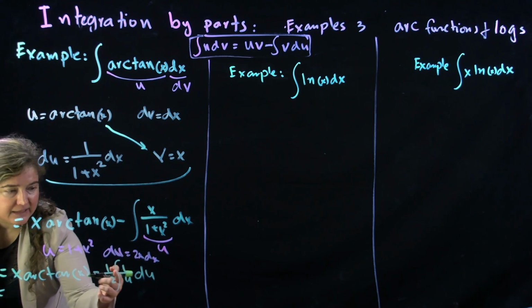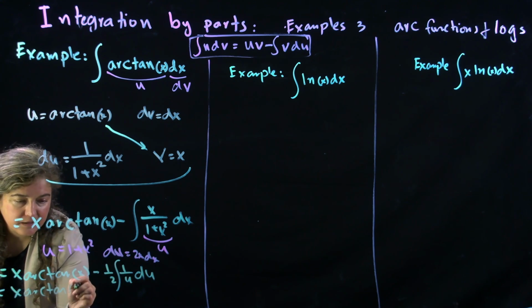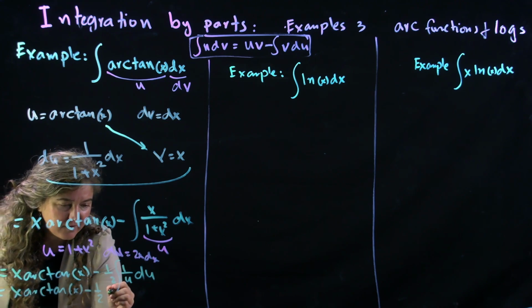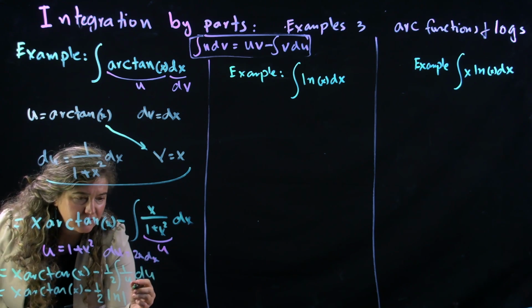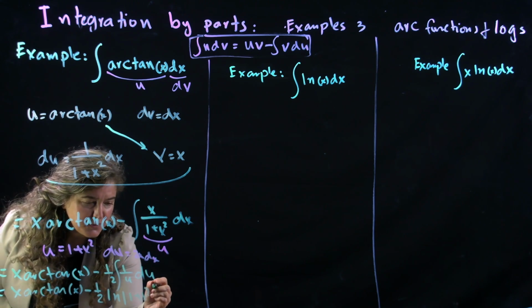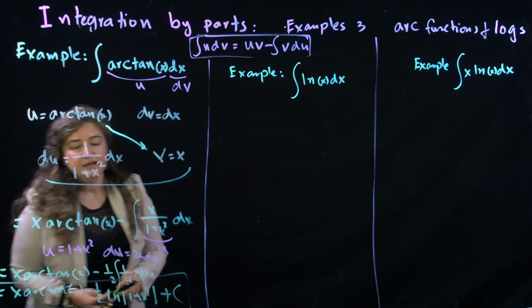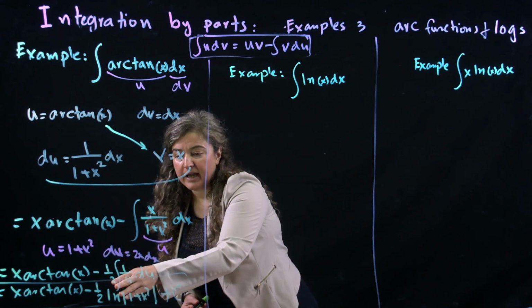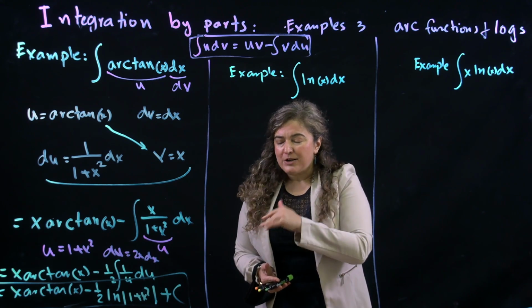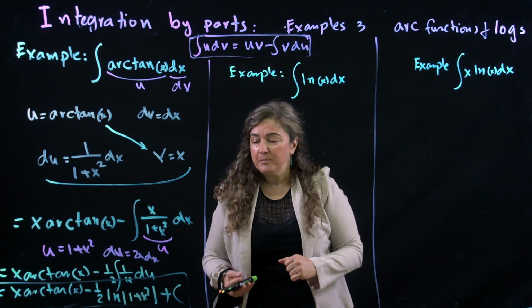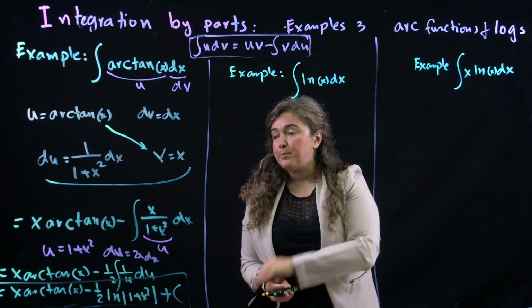When I integrate that, I get the natural log of u, so x arctan of x minus 1/2 of natural log of absolute value of u, which is 1 plus x squared, plus c. I skipped a step: I didn't write negative 1/2 of natural log of absolute value of u, I wrote 1 plus x squared directly. Okay, so that's that. Now let's do this problem.